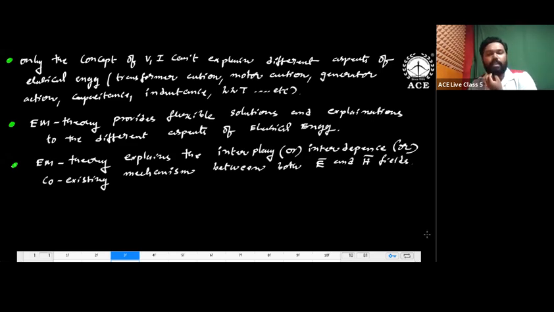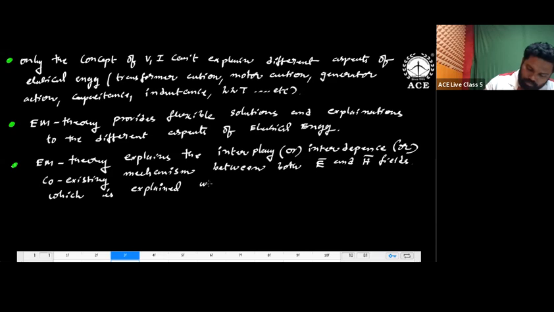EM theory explains the interplay or interdependence or coexisting mechanism between both electric and magnetic fields, which is explained with the help of 4 Maxwell's equations.